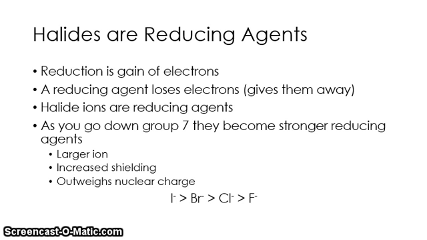The attraction is also weaker because you've got increased shielding, because as you go down, each one's got another shell of electrons that's filled. So both of these two factors outweigh the increase in nuclear charge, and this means that as you go down group 7, they become better at giving away that electron. So I- is better than Br- is better than Cl-, which is better than F-.